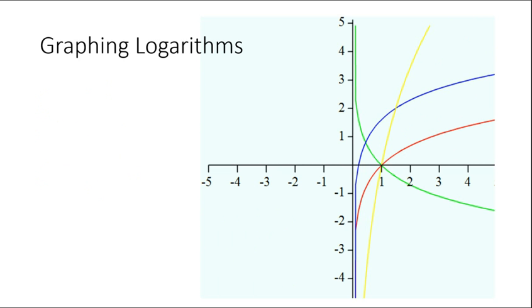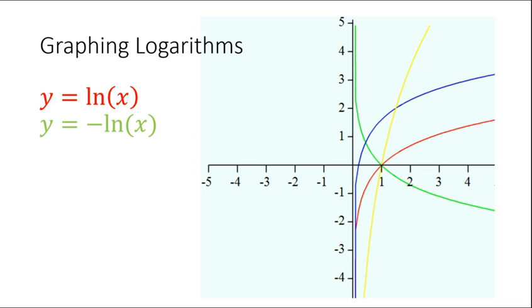For graphs of logarithmic functions, remember that all of the pure logarithms are going to go through the point 1, 0. So the red line here is just your standard natural log function going out to negative infinity as x approaches 0, and gradually sloping upwards as x increases.